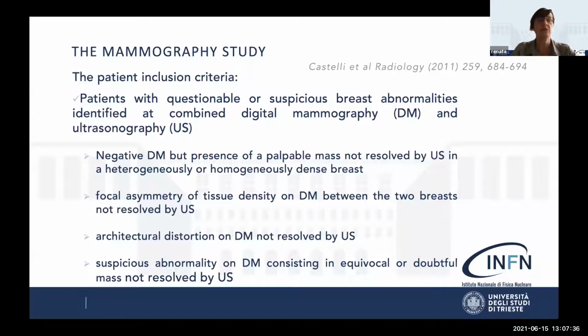We know that dense breast is a problem. Focal asymmetry of tissue density on digital mammography between two breasts not resolved by ultrasound. Architectural distortion in digital mammography not resolved by ultrasound, or suspicious abnormality in digital mammography consisting of equivocal or doubtful masses not resolved in ultrasound.